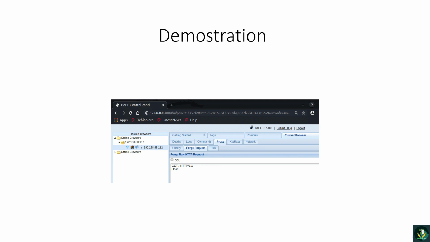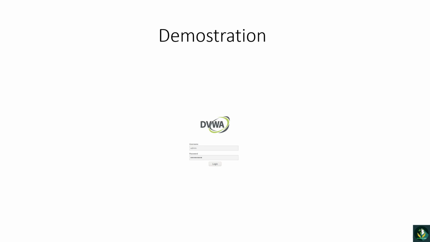Alternatively, a different web browser can be set to use the proxy server, allowing the attacker to visually hijack the victim's browser. To demonstrate this, we set up a dummy website with a simple login page. So here is the victim machine. As you can see in this picture, the victim machine is logging in to a secure service.